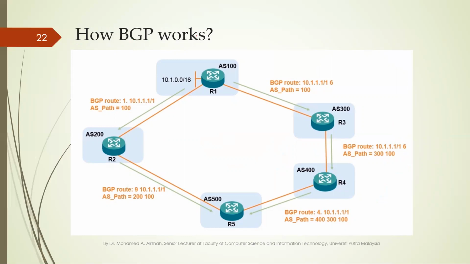Okay, how does BGP work? Suppose that we have autonomous system number 100 for this network, 200 for this network, 300 for this network, 400 for this network, and here we have 500.